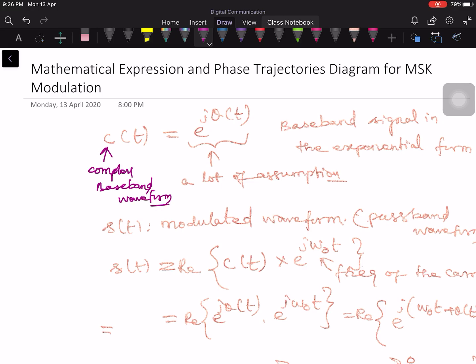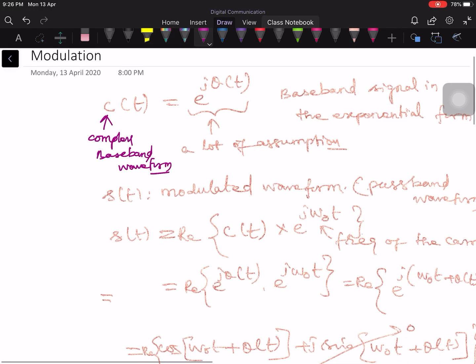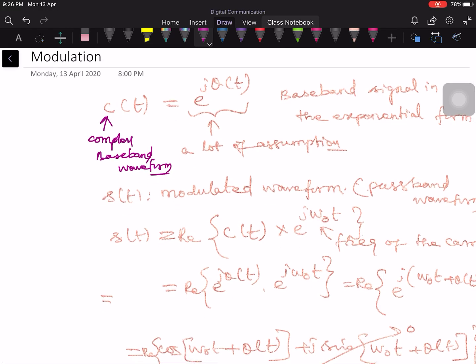So how do you move from baseband waveform to passband waveform? You multiply this baseband waveform by e power j omega naught t, and take the real part of that.